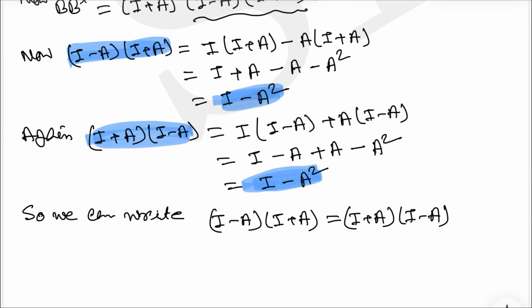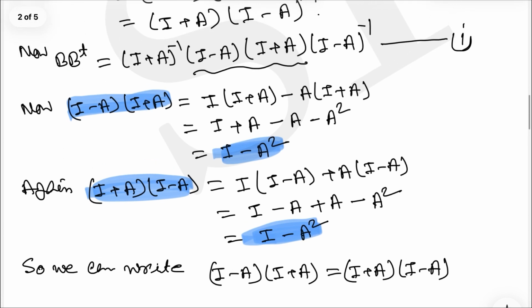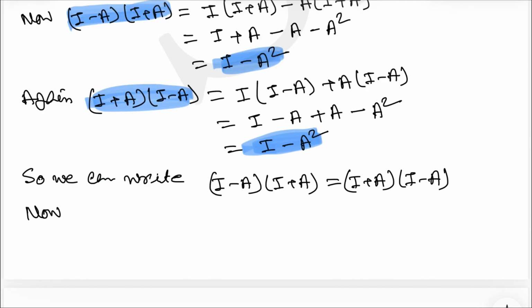Okay, now put this commutativity, that is (I minus A) into (I plus A) is equal to (I plus A) into (I minus A), in equation 1.